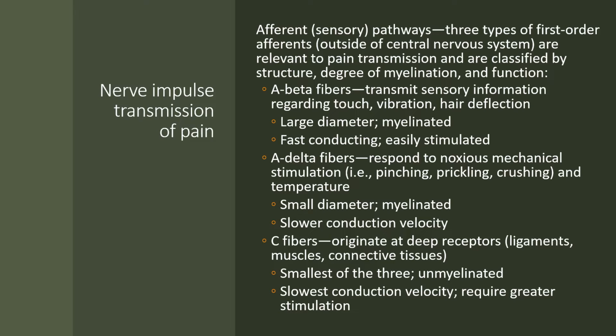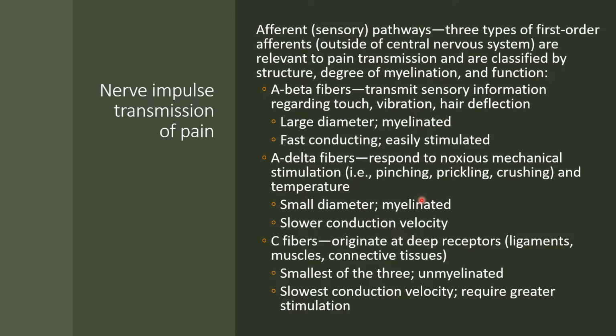So building off of that, we have different first order neurons that are present, and you saw that in the previous video. A delta fibers respond to our noxious mechanical stimuli. They're smaller in diameter and myelinated with a slower conduction velocity compared to some of the bigger fibers.